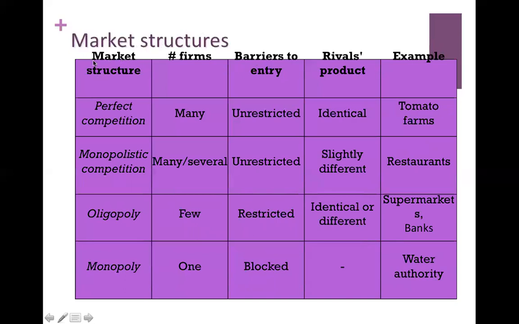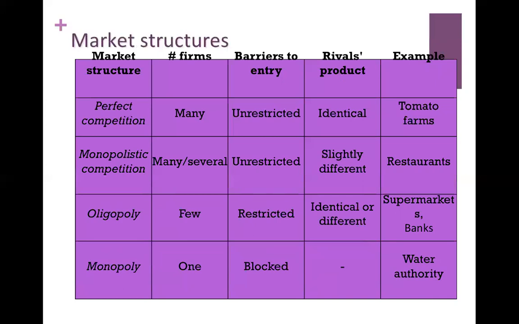The first one is the number of players, whether we have many players or not. The second one is the barriers to entry, and the third criterion is the rivals' products, which reflects the degree of similarity of products offered in the market.